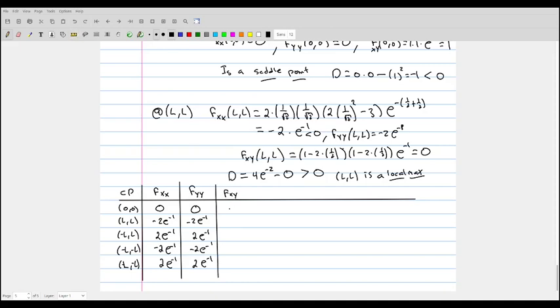And for fxy, we calculated this as 1. And then all of these are actually going to be 0 when you plug in these points into fxy.